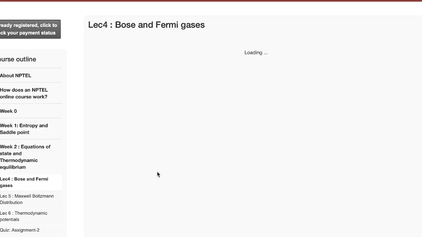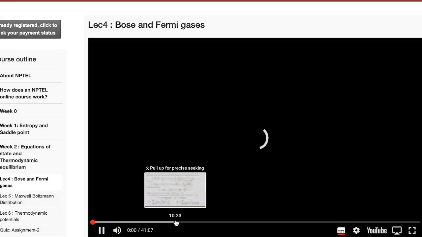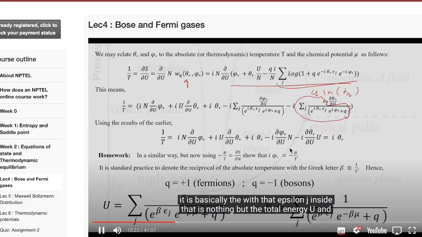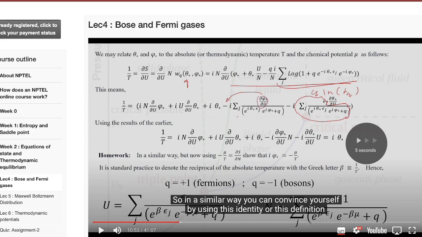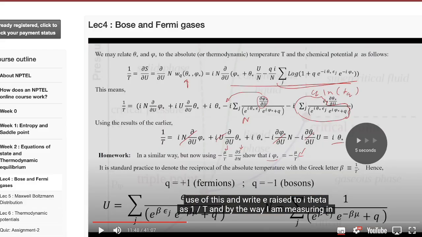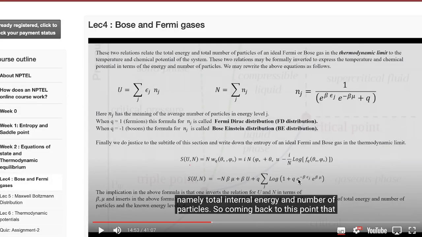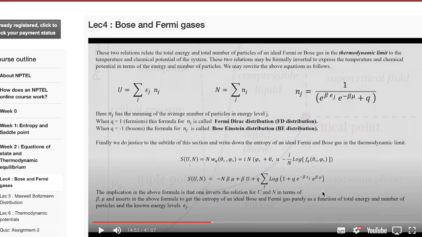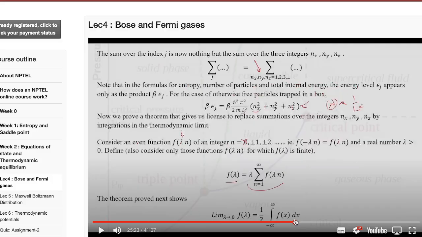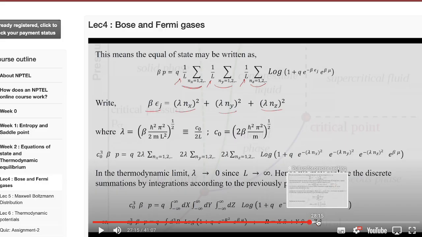I think we had derived it here itself in the fourth lecture. Here I remember, yes. There it was.